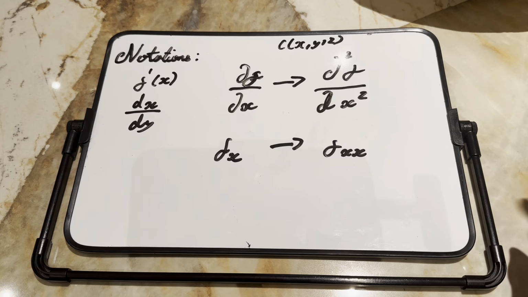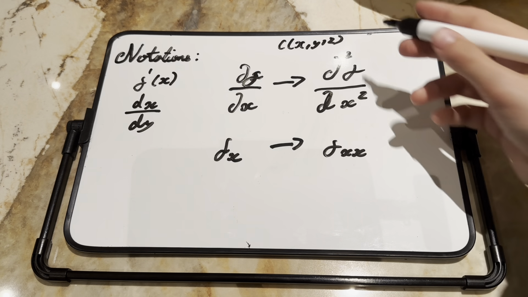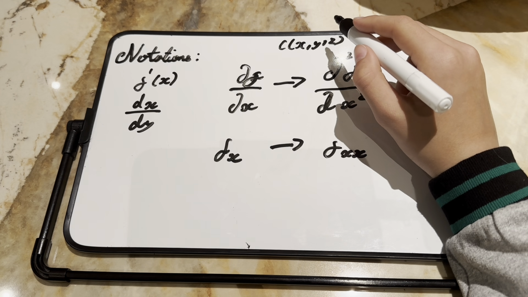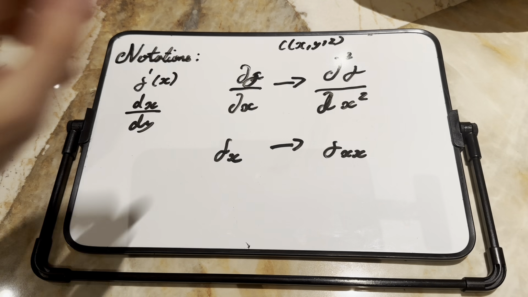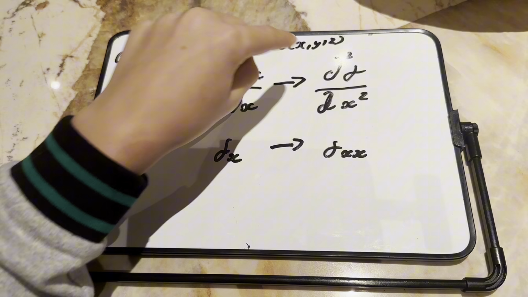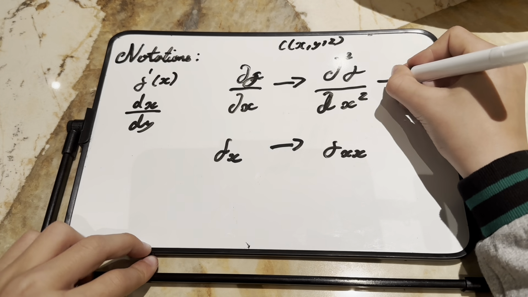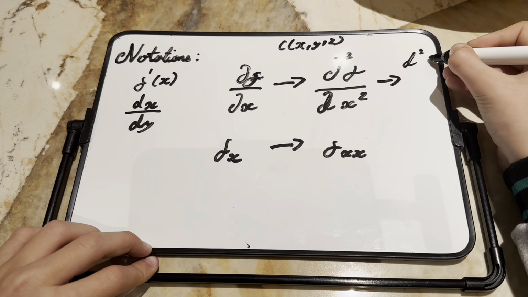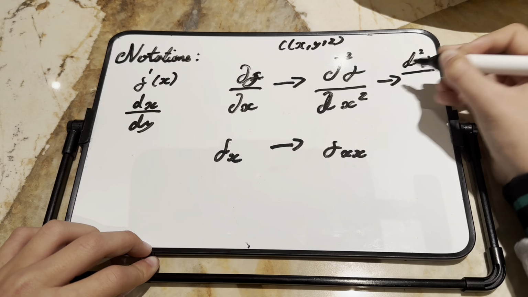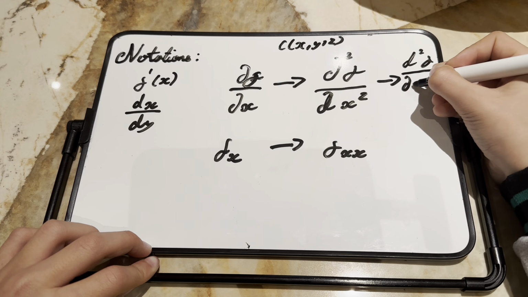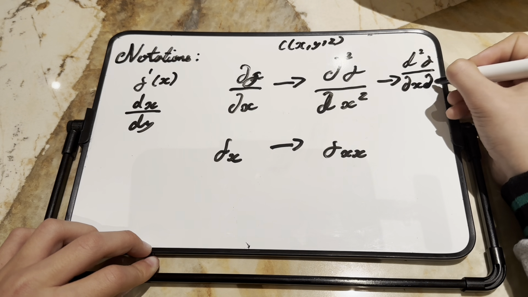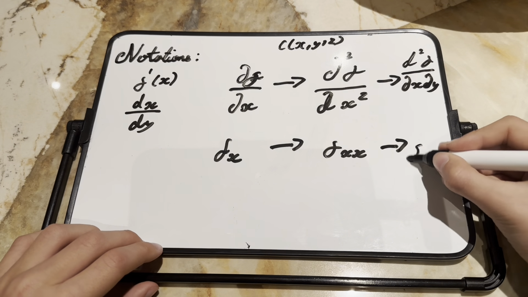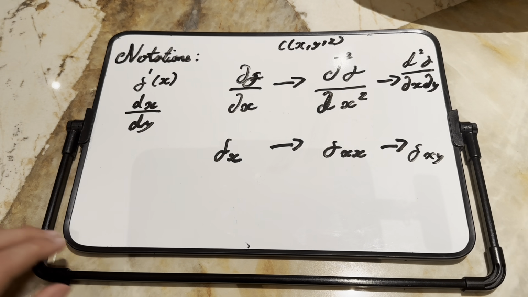And since we have many variables, what about if we wanted to do first with respect to x and then with respect to y? How would that work? Well, we would do partial squared f as usual, but instead we would do partial x, partial y, and here we would do f sub xy.